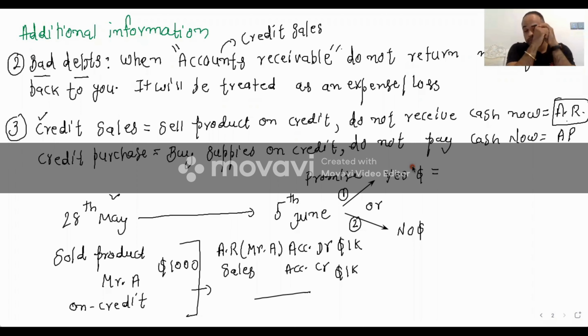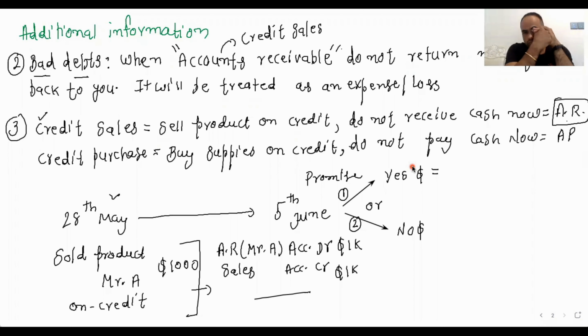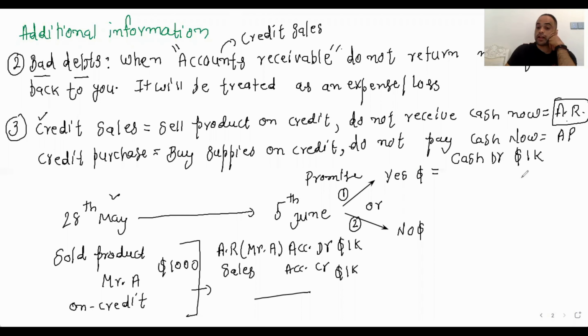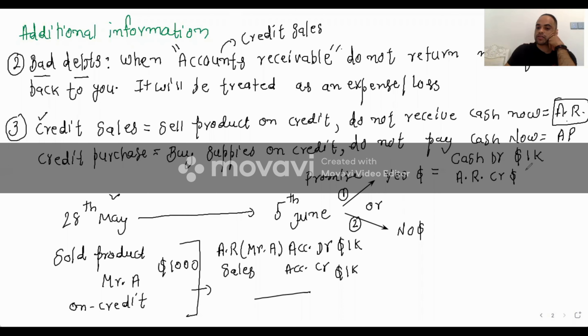Nobody knows? No idea? Try to answer. So the answer is cash debit, obviously, because you receive cash from Mr. A. Cash debit 1,000, and accounts receivable credit 1,000. Why accounts receivable credit? Because accounts receivable reduces. He returned money back to you.